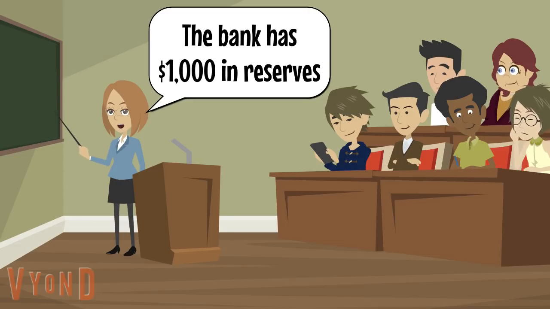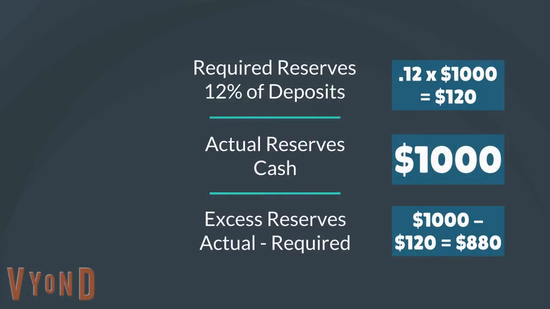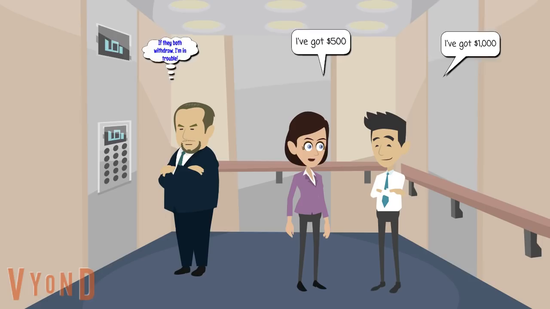That's a reserve. The bank has $1,000 in reserves, but it's only required to have $120. So here we go again. We put $1,000 in. The bank has to keep $120, but it has $1,000. That means it has an excess, what we call excess reserves, of $880, and it can do something with that.